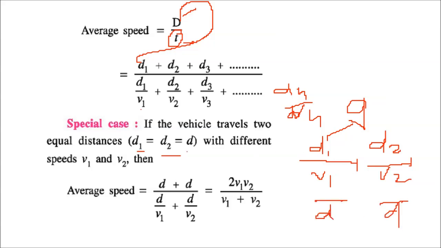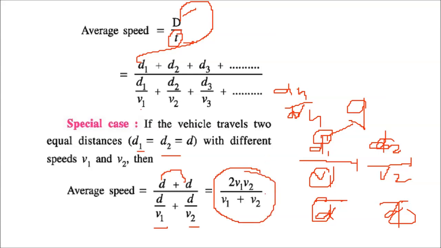What will be the average speed? Total distance is d plus d, that is 2d. And what is the average speed? This is t1 plus t2 in the denominator, and t can be easily obtained by d by v1 and d by v2. So we add them, d will cancel out. It will be 2v1v2 by v1 plus v2. So average speed is totally dependent on the velocity.